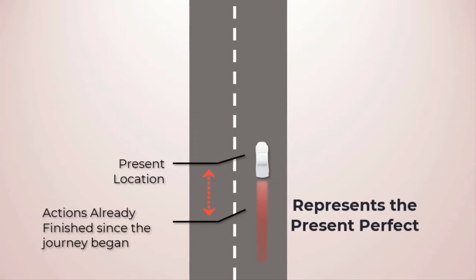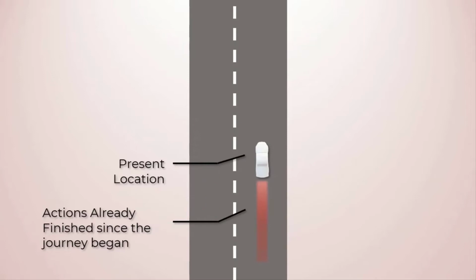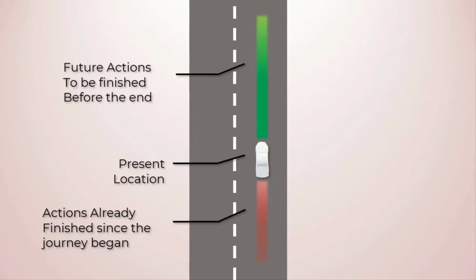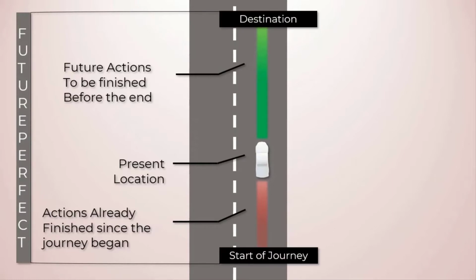The green stretch of road represents the distance still to be driven until the end of the journey. The future perfect is the green part, the miles still to be driven, and the red part, the miles already completed. You see, the future perfect represents the total of the journey.